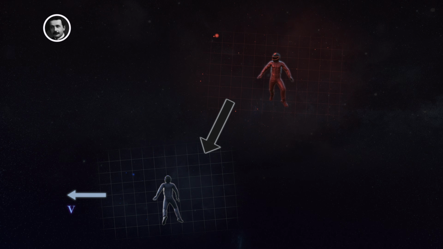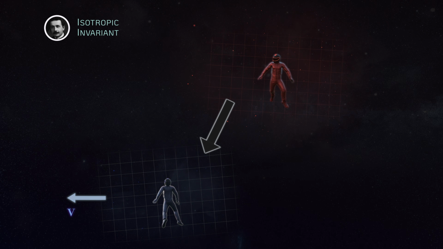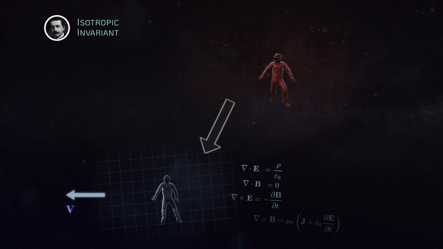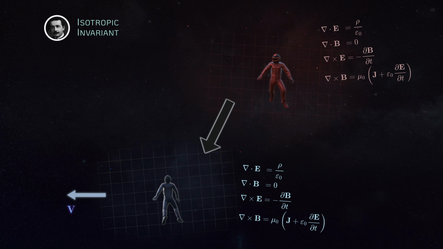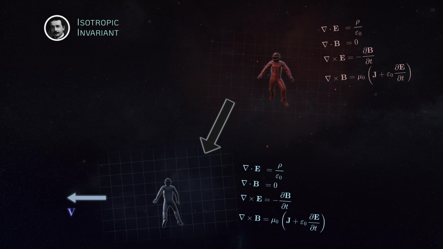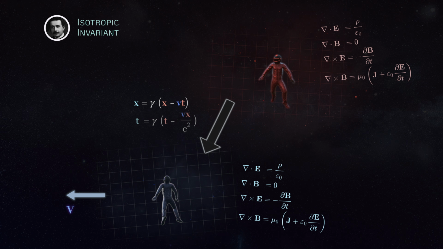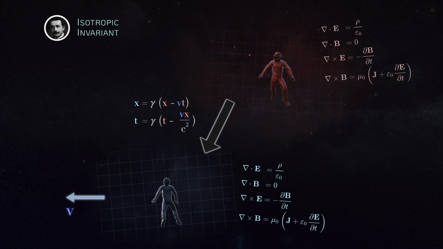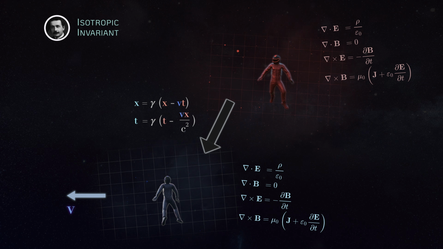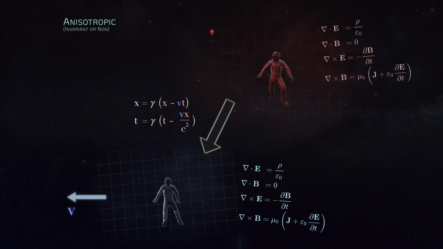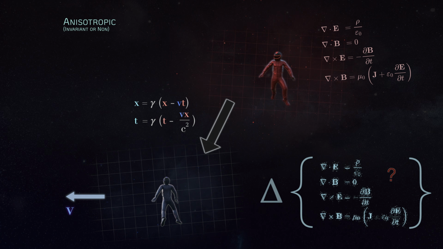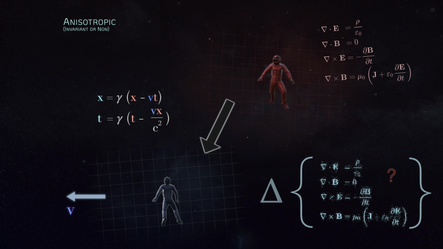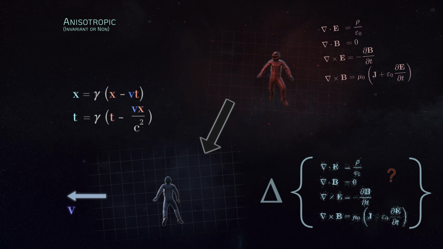That is, in Einstein's isotropic invariant light theory, the laws of physics take the same special form in every frame of reference. But such physics only holds if you use the Lorentz transformations to go between those frames. In an anisotropic light theory, on the other hand, the laws of physics may take an altered form, but so too will the transformation rules required to go between frames be altered.